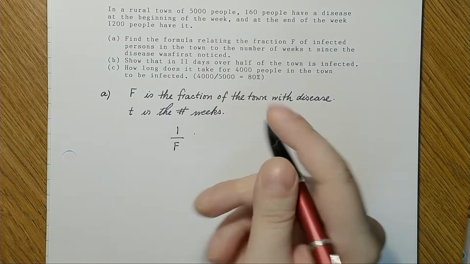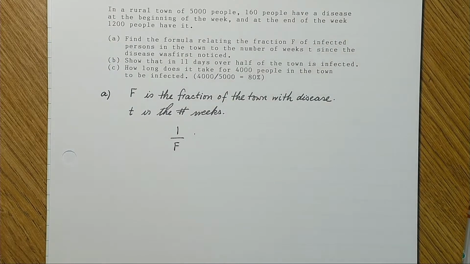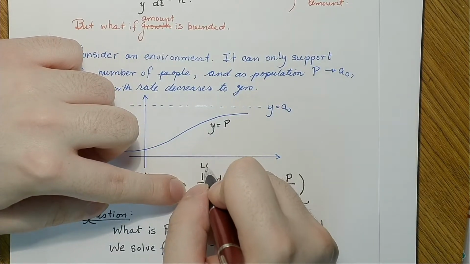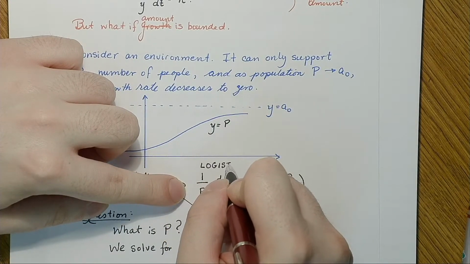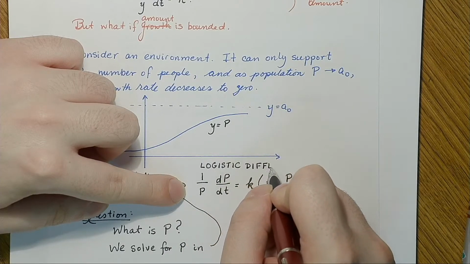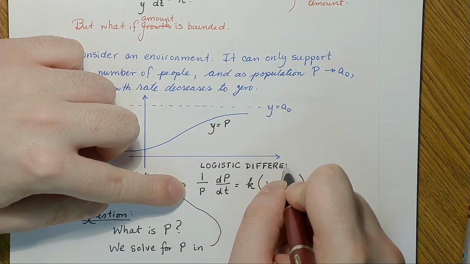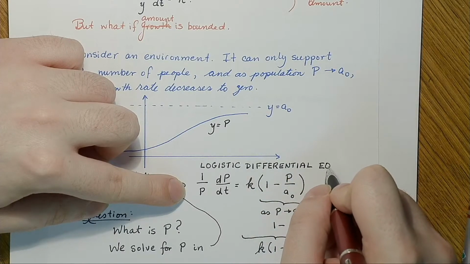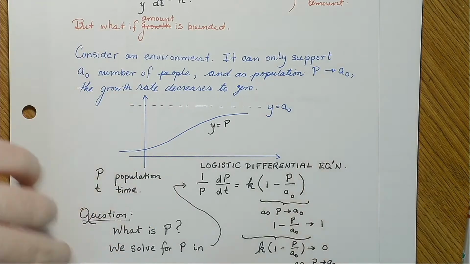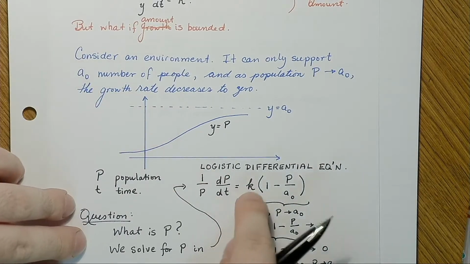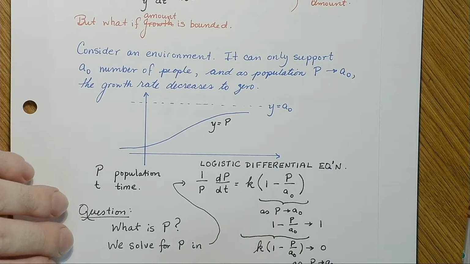Oh, so maybe I'll just bring back that sheet. So this is the logistic differential equation. It's 1 over p dp by dt is equal to k times 1 minus p over a naught.